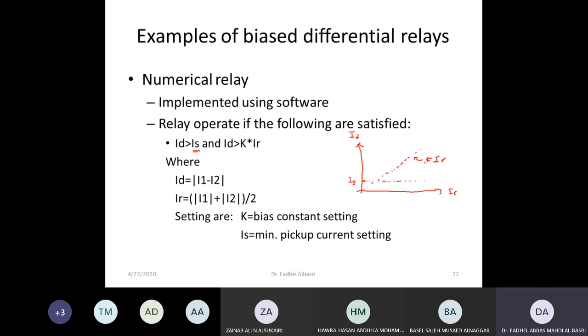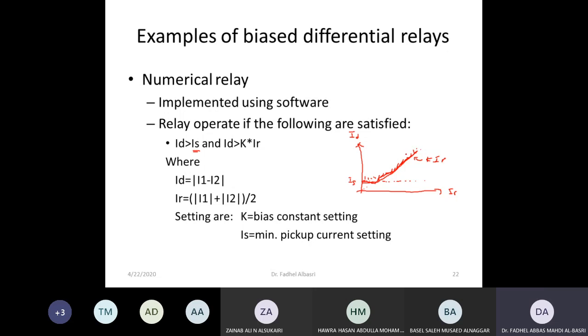When I say ID greater than K IR, it means up above this line. When ID is greater than IS, it means above this horizontal line, so I'll get a relationship something like this.